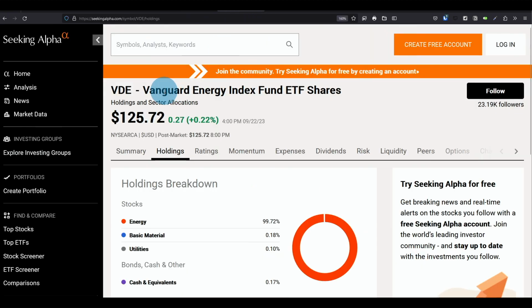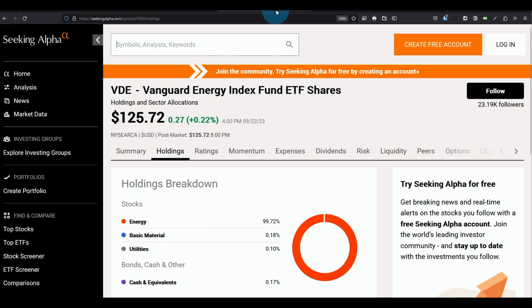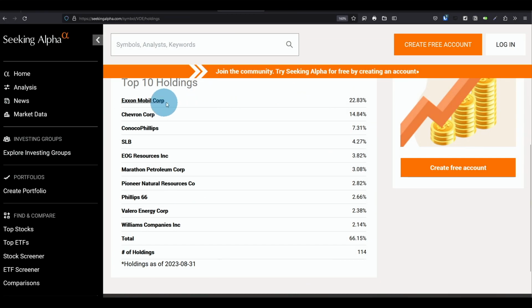So this is Vanguard, the energy index. We can see we have 99.72% represented by the energy sector, 0.18% by basic materials, and 0.1% in utilities. The same sector represented by the SPDRs has 100% in energy. Here is, for example, the top 10 holdings for the Vanguard energy sector.